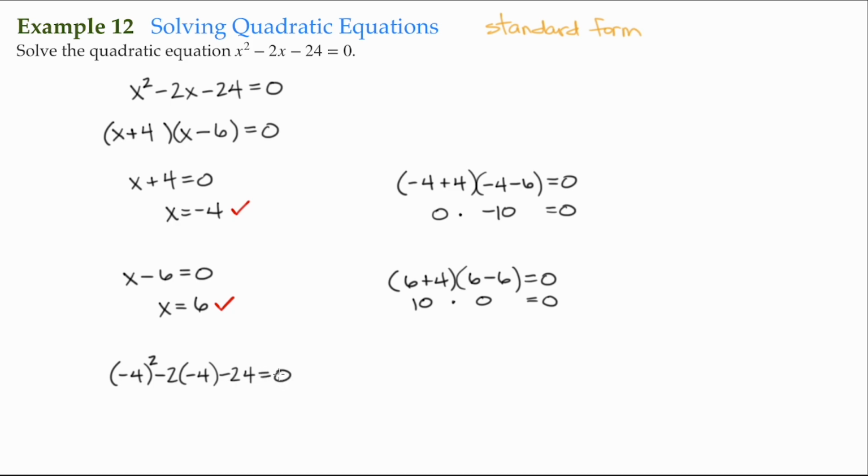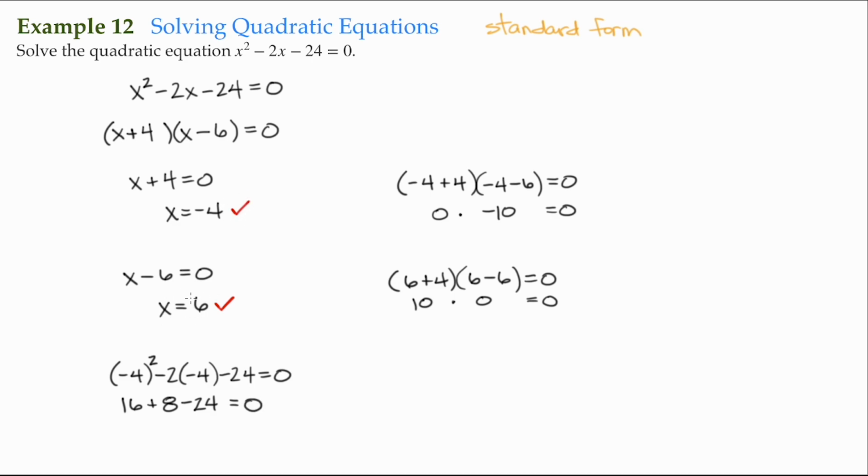Does that equal 0? Negative 4 squared means negative 4 times negative 4. That's 16. Negative 2 times negative 4, that's 8, minus 24. And that does equal 0, so this one works.